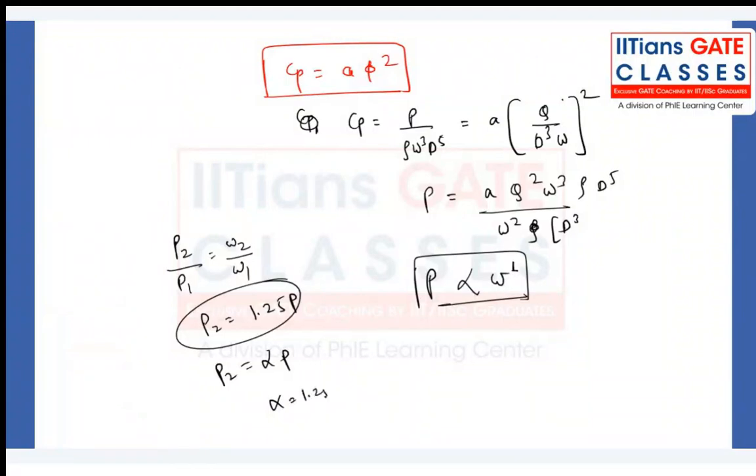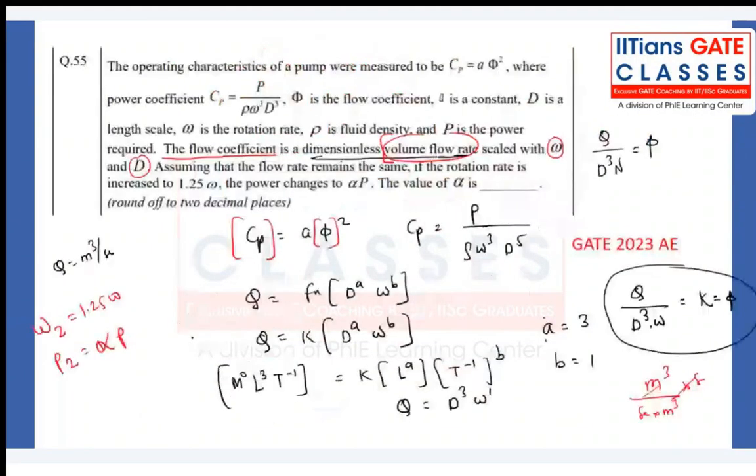Now some of you might be thinking, sir, this question belongs to model and prototype? Yes. But in this case, we are not changing the diameter of the pump. Whatever the actual pump is, that same pump diameter we are taking. Because no data has been given in the problem regarding diameter changes. Only the rotation rate, that is the n value or omega value, has been changed.